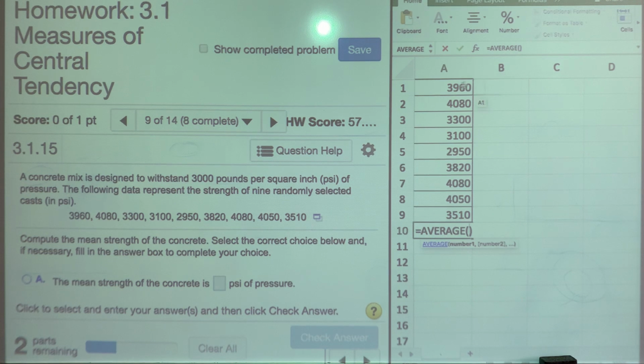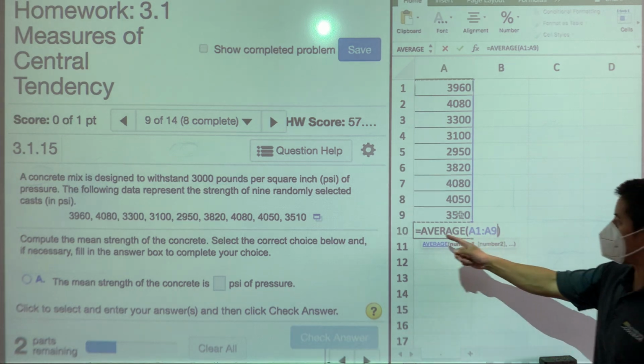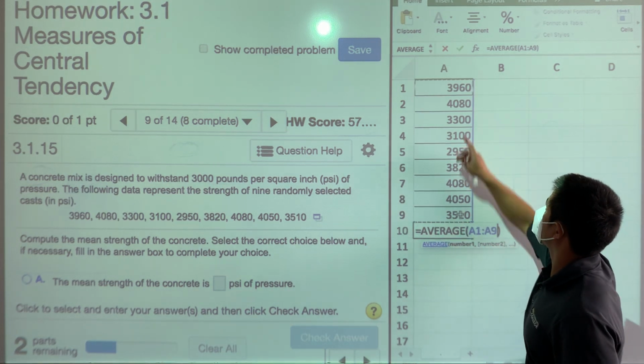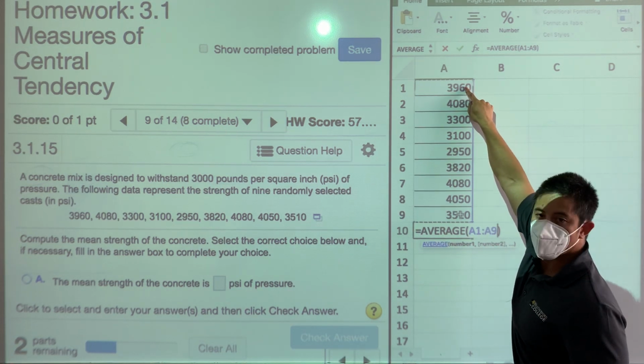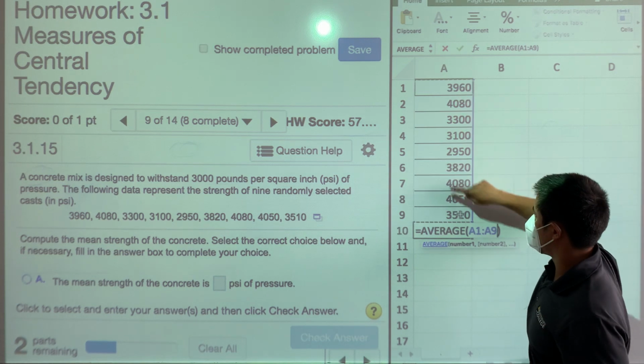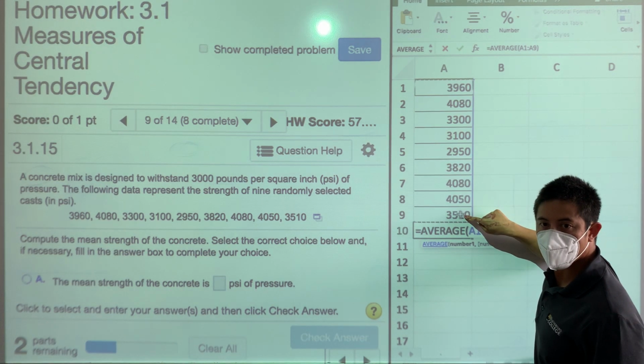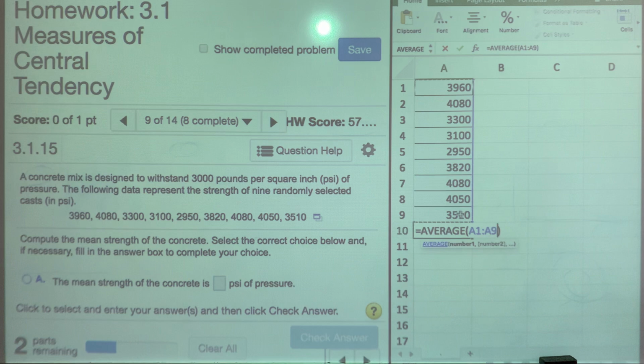Then select the first one that you want to average, and hold down the shift key and select the last one in the list. You guys follow me? So we want to average the first value all the way to the last value. Any questions about that?